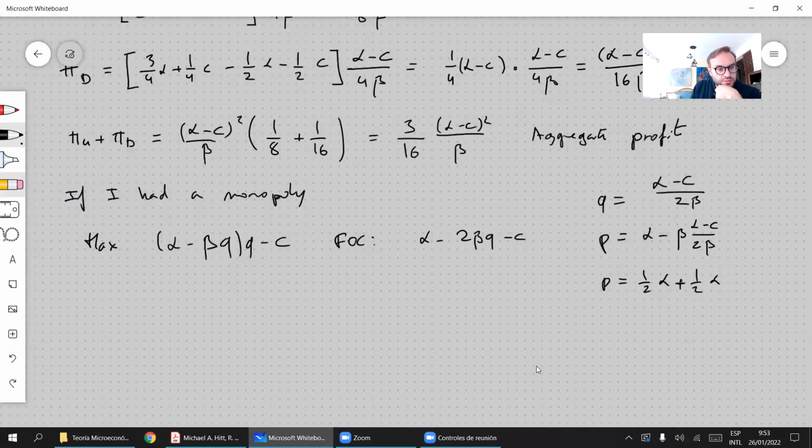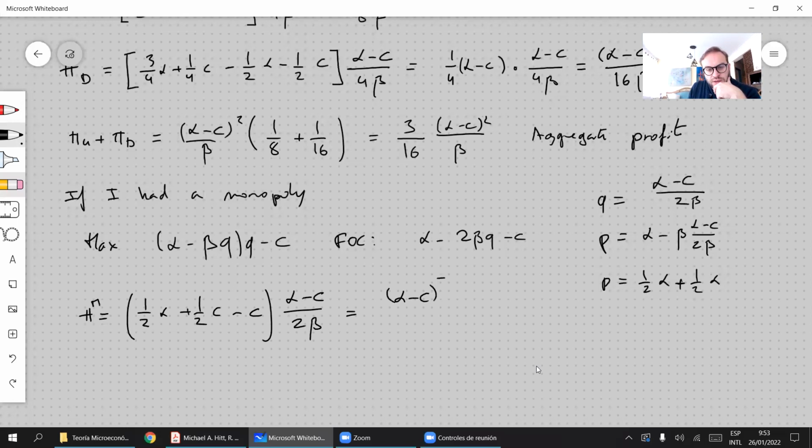And finally, I can compute profits. The profit for the monopoly is going to be 1/2 of alpha plus 1/2 of c minus c, multiplied by the quantity, which is (alpha minus c) over 2 beta, which will give me (alpha minus c) squared over beta, divided by 4, which is 1/4. 1/4 is equal to 4/16, which is larger than 3/16, right?